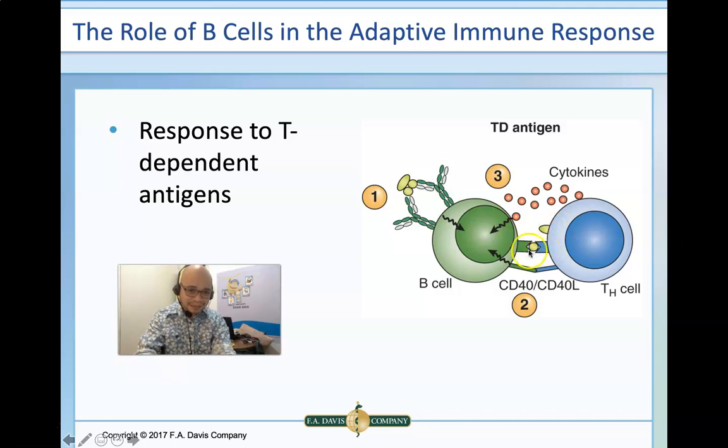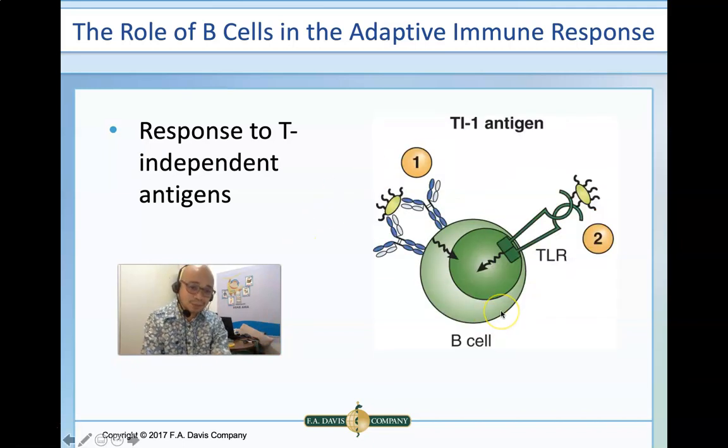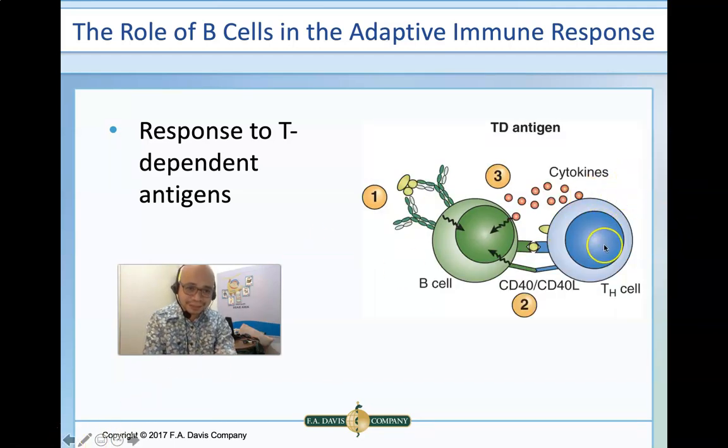So now the T helper cell will produce cytokines, and the B cell becomes plasma cell. They will now produce antibodies specific to the antigen, or to the bacterial pathogen, for example. There are also T-independent antigens, and most of them are gram-negative. So if it's T-independent antigen, there is no need for T helper cell. But if it's T-dependent antigen, there is a need for T helper cell.